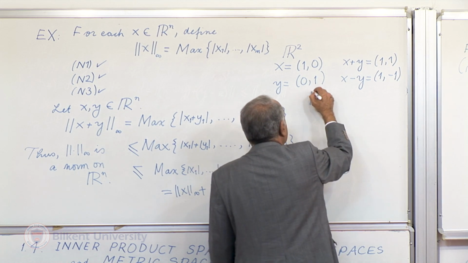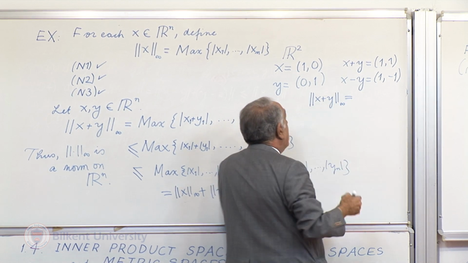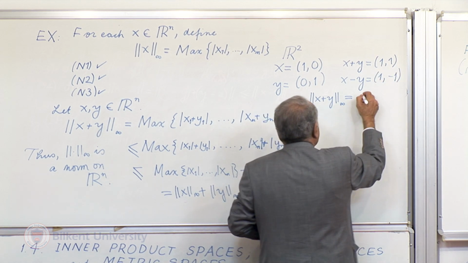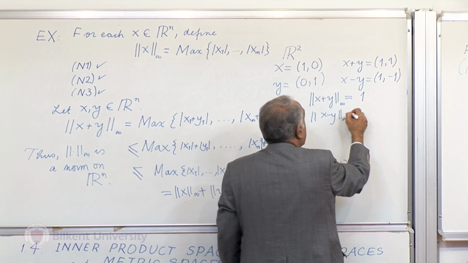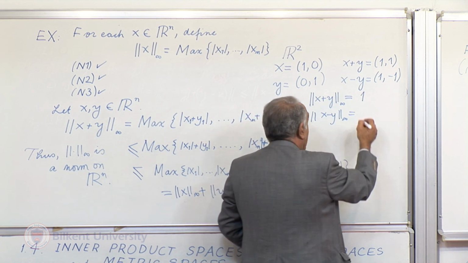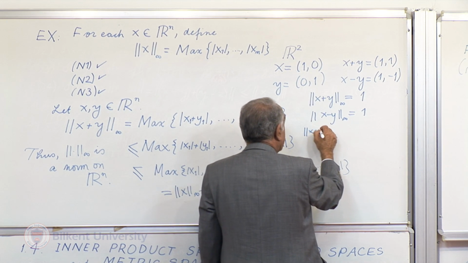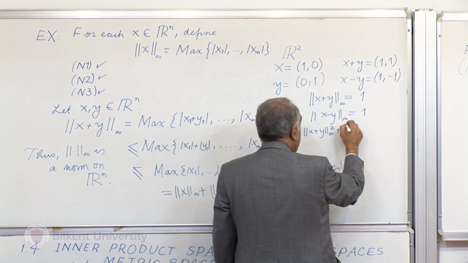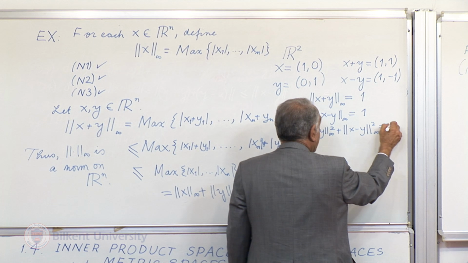Now, this norm, that's the maximum of the absolute values of this, it's 1. X minus y, well, the absolute values of this are both 1, so the maximum is 1. So this squared plus this squared, that's 2.